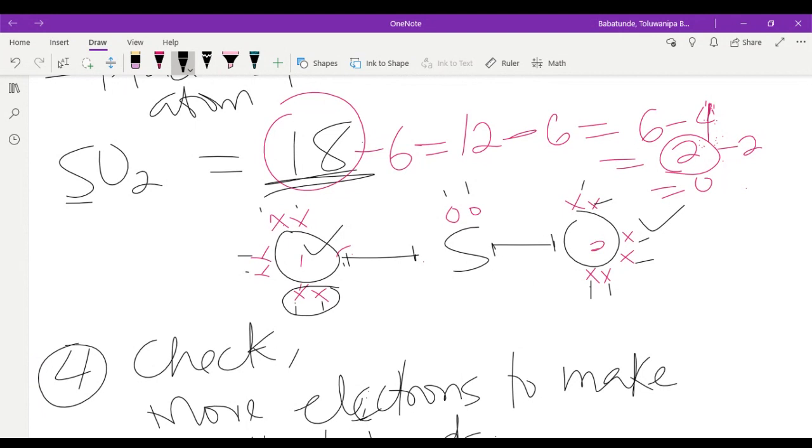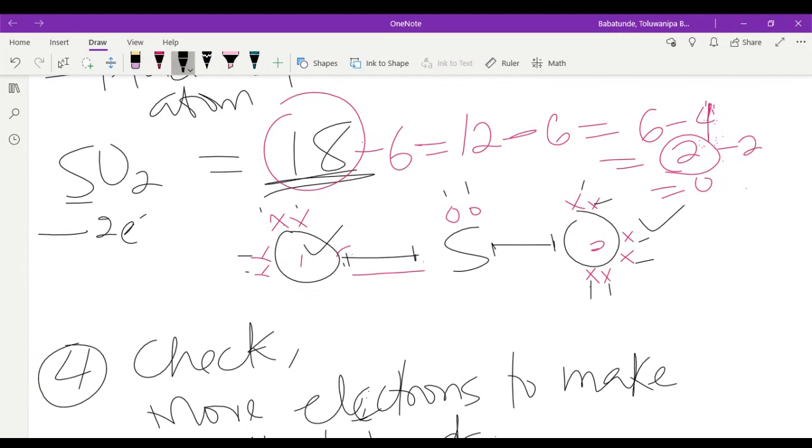Remember that a single bond represents 2 electrons, right? So these 2 electrons will form a single bond here, right? Because we have moved it, it's going to disappear, right?